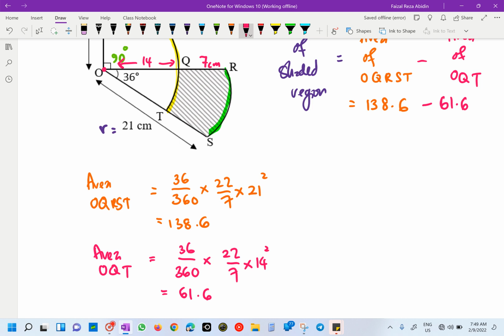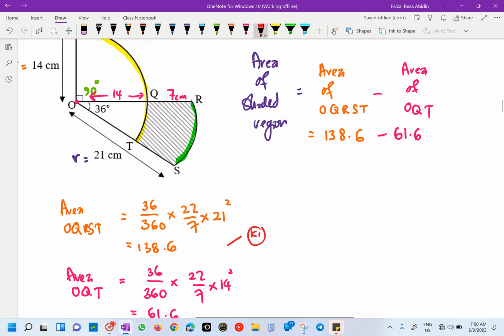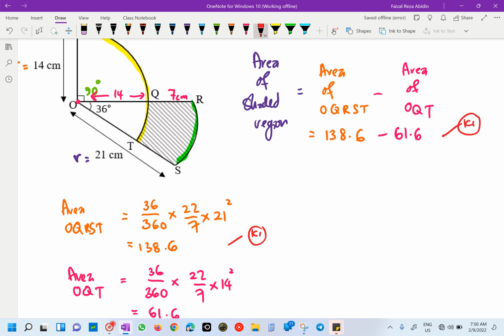Another one more mark. Okay, either one here, one mark. Here, one mark given. And the final mark is going to be our answer, which is 77 cm square.